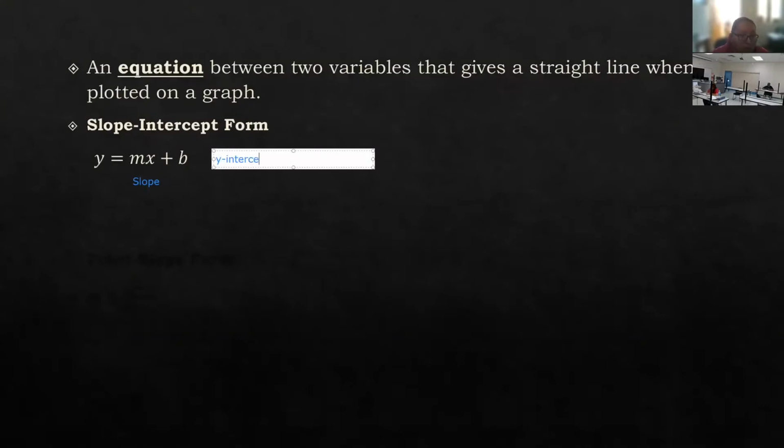Our b is represented by our y-intercept. So that's why it's called slope-intercept form, because of these two areas.